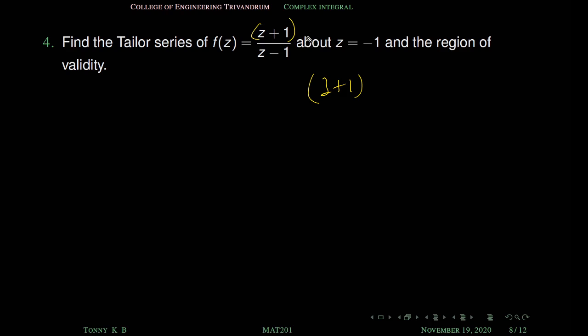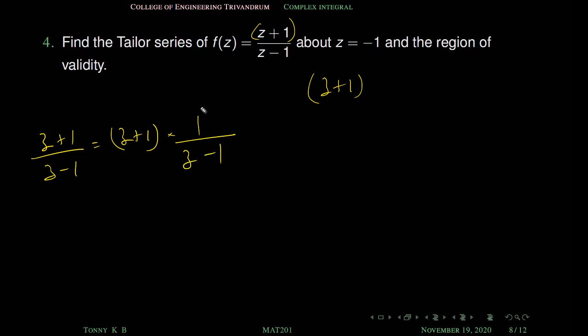So we rewrite our problem as z plus 1 by z minus 1, that is z plus 1, which is an allowed term so no need to change it, into 1 by z minus 1.